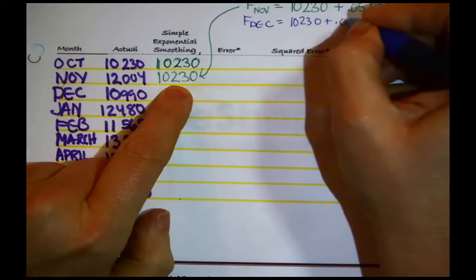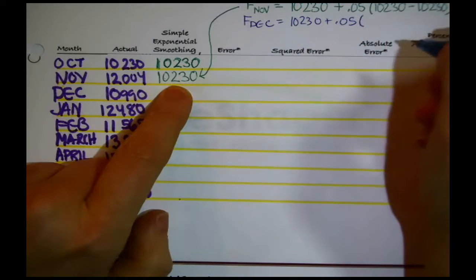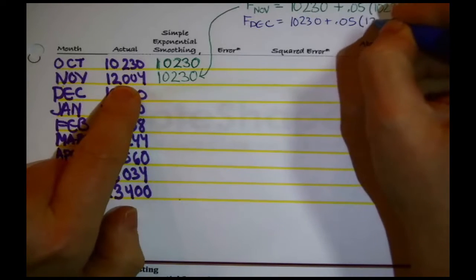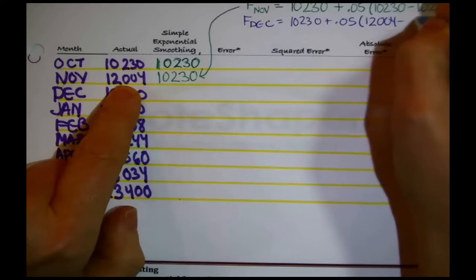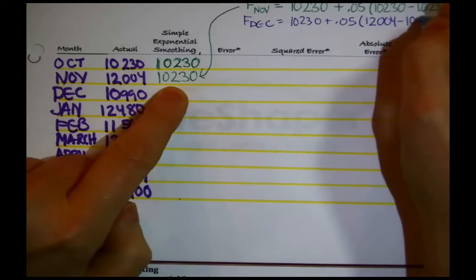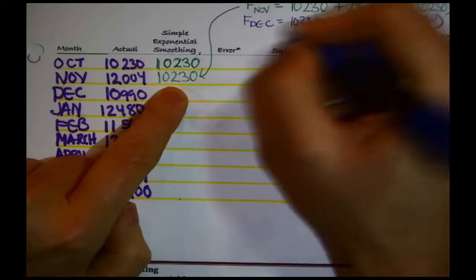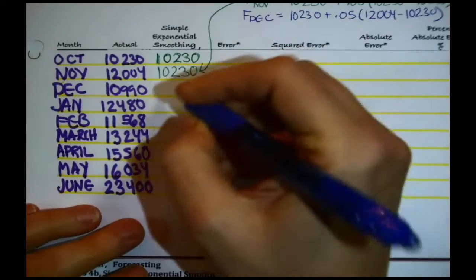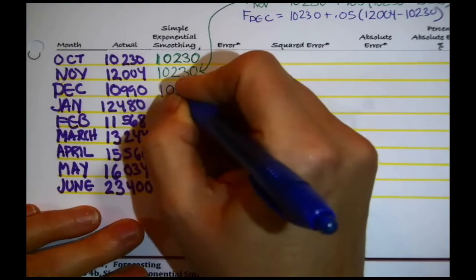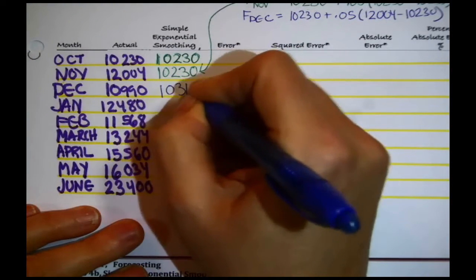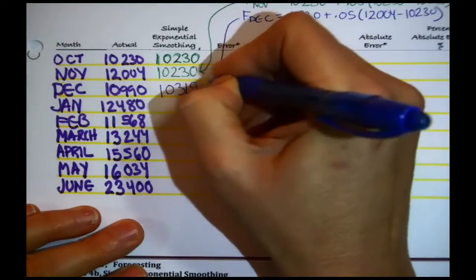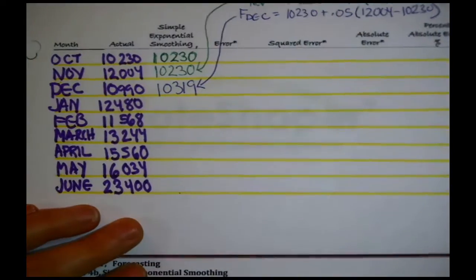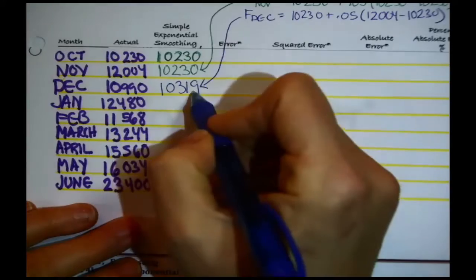Plus the same old alpha times by how much it was wrong. Well, that was what actually happened in November minus what we had forecast would happen in November. So I did the arithmetic and I get, rounding, 10,319. That's the result of that scratch work right there. So that's my forecast for December.